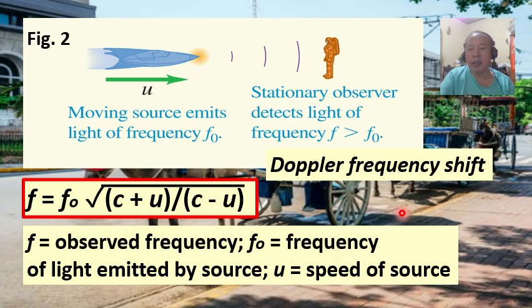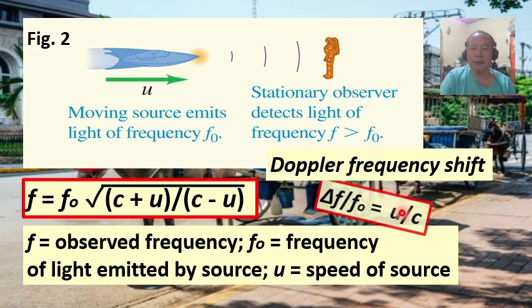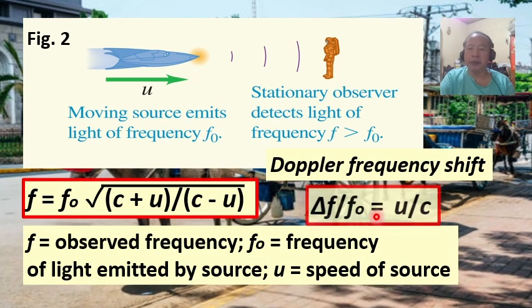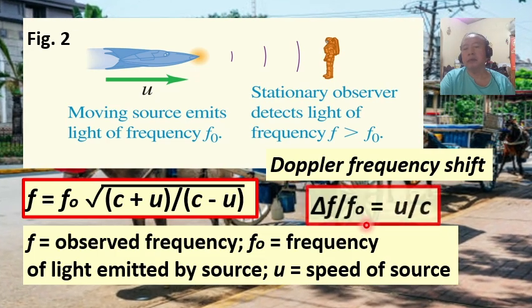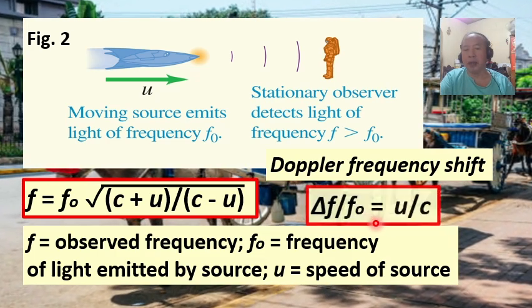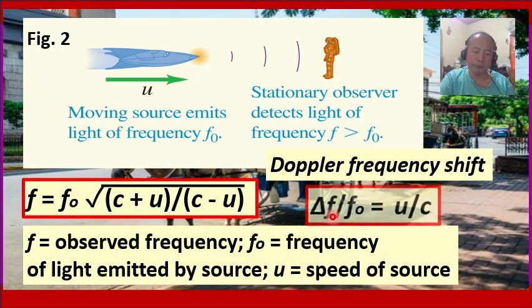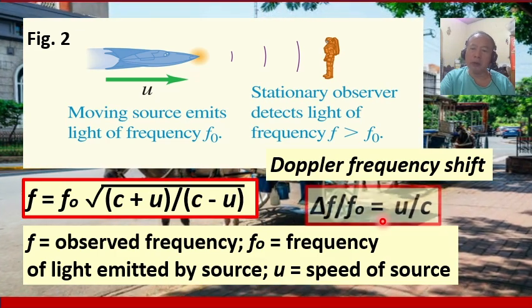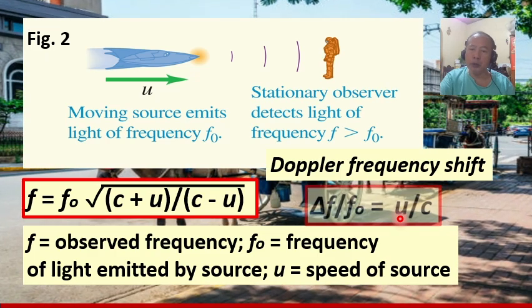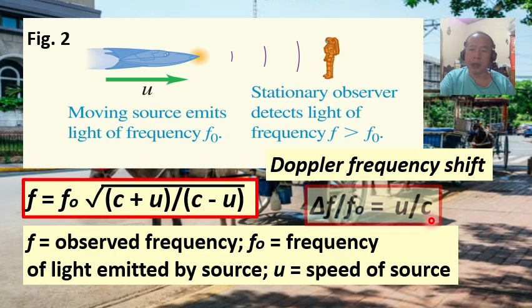The accompanying fractional frequency shift, delta f over f naught, can be approximated to be equal to u over c, the speed of light in vacuum.